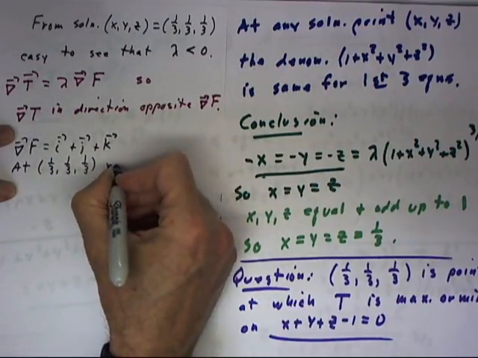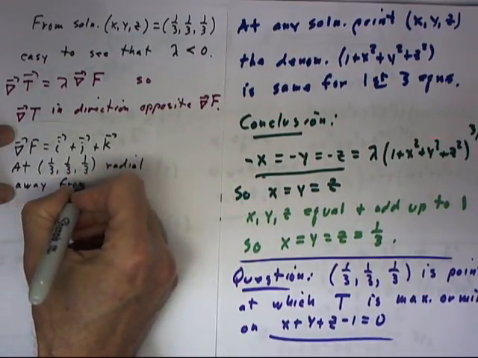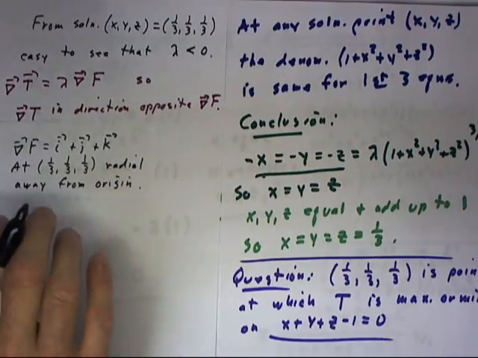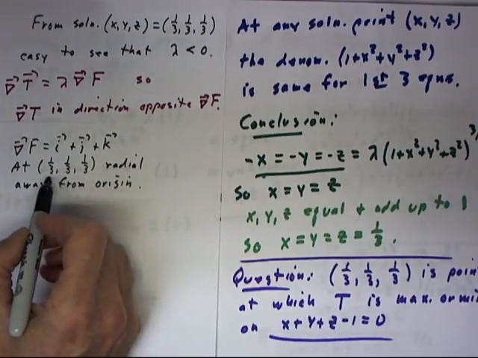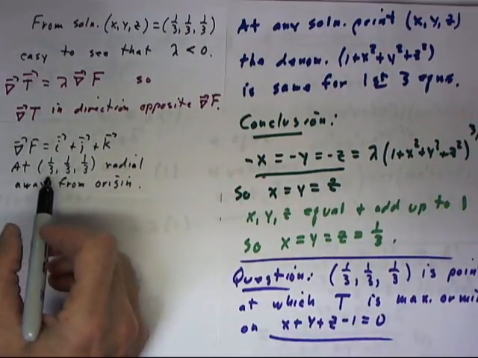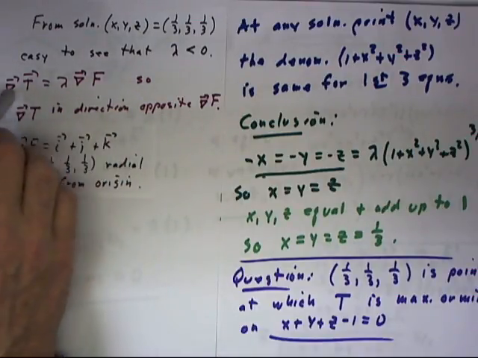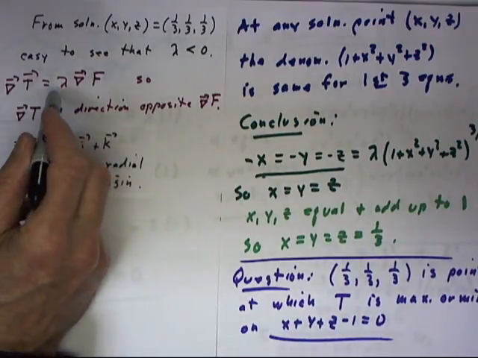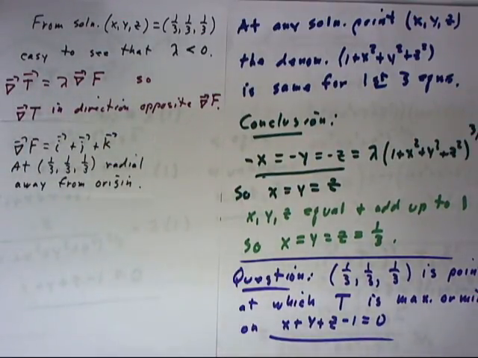This is radial. Away from the origin. Now the fact that it's radial is important, but in determining whether this is a maximum or minimum point, we simply note that this gradient vector for f, the gradient vector that we used to obtain the equations corresponding to del T equals lambda del F, is pointing away from the origin, so that since lambda is negative, this lambda del F is pointing in toward the origin.